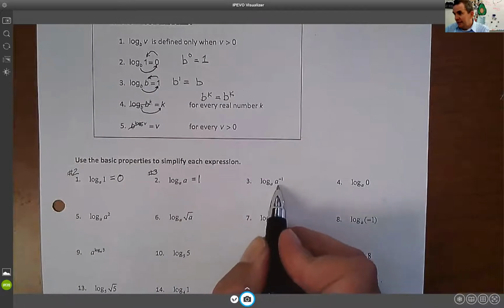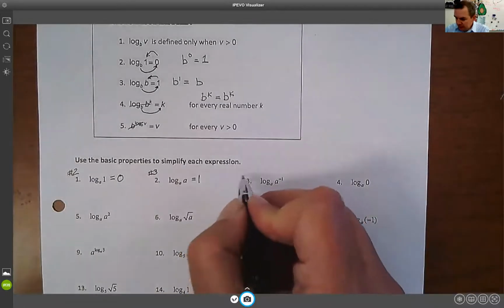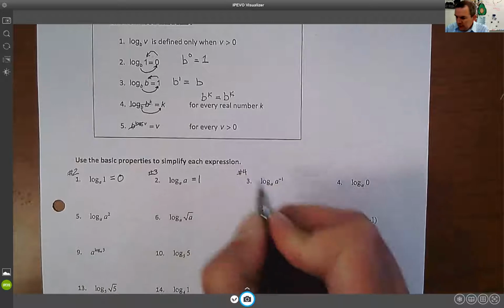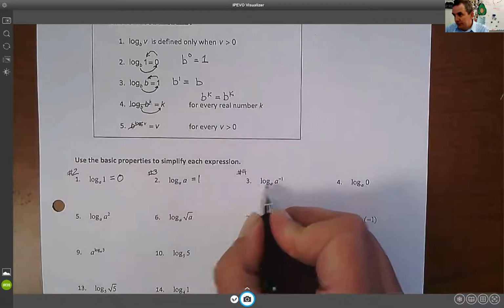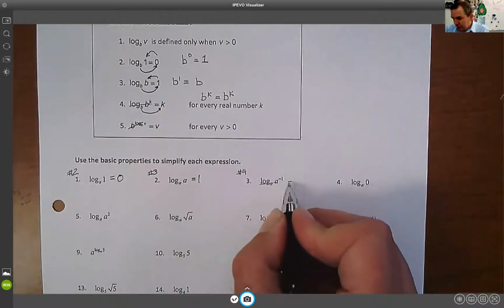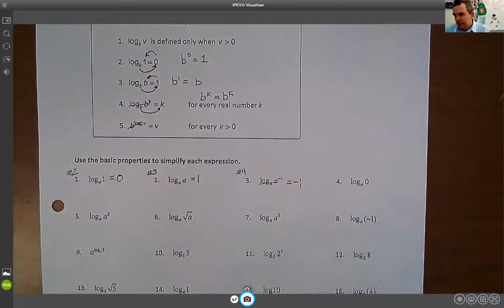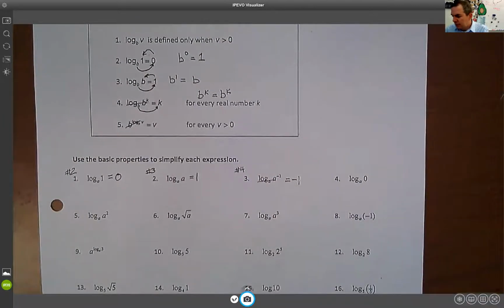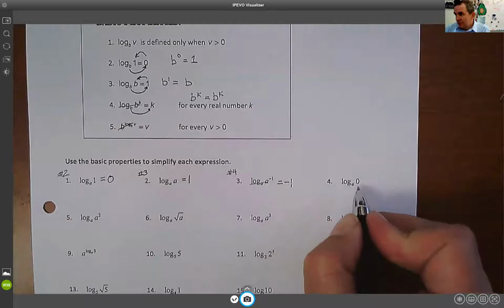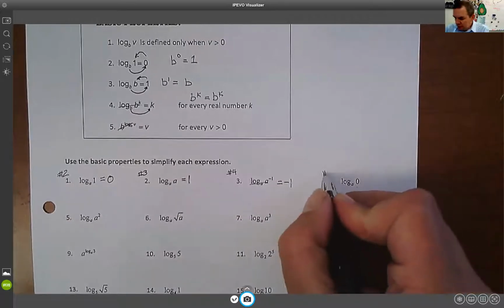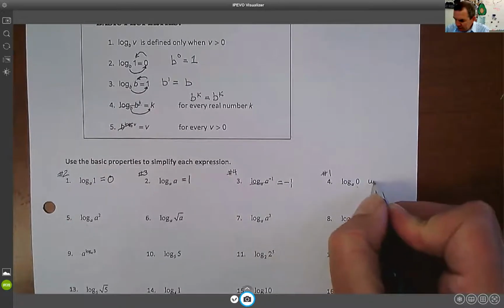Log a of a to the negative 1 is number 4. If these are the same, it basically cancels out, if you will. It's not exactly that, but if you want to think about it that way, that's negative 1. The next one, we can't take the log of 0. According to property 1, this is undefined.